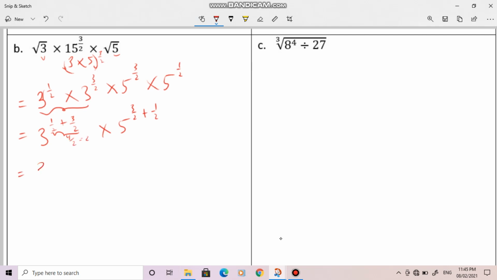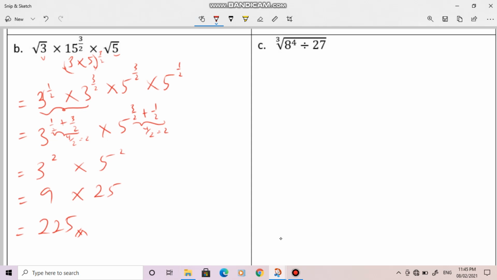So here we have 3 square times this one, also 4 over 2. So you have 5 square. 3 square is 9, 5 square is 25. 9 times 25 is 225, done. Very easy, right?